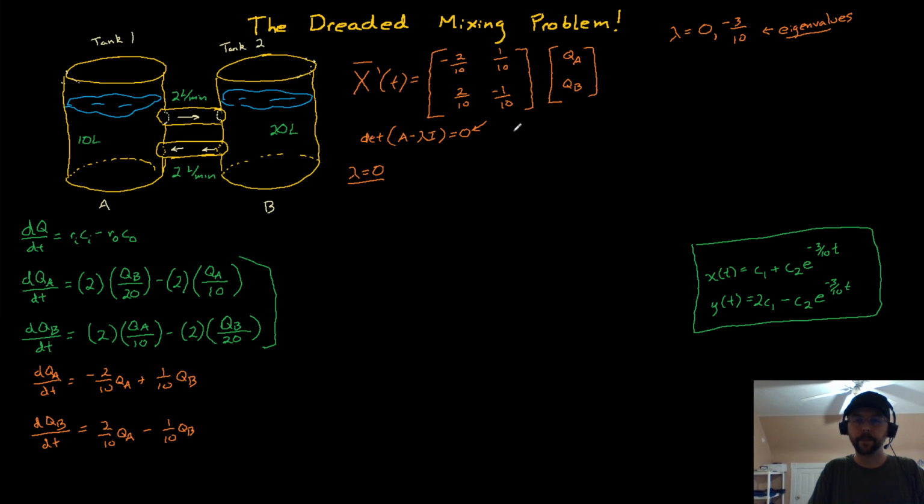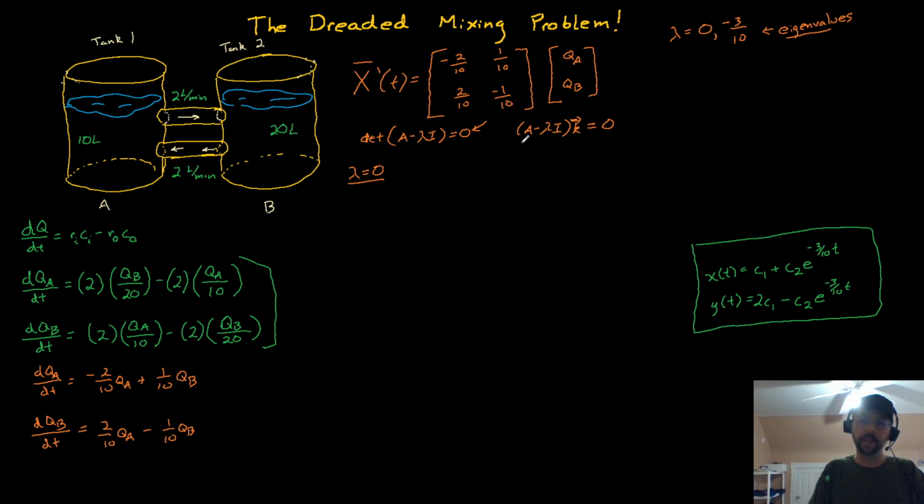So now, instead of the determinant of A minus lambda I, we're going to say A minus lambda I times K, which is a vector, equals 0. We're going to use this formula.